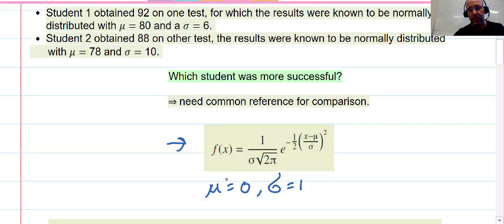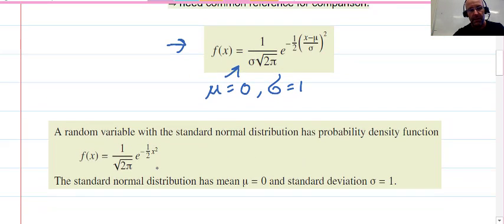Now if you sub those two values into this equation, it's pretty easy to see that we get this simpler equation here. Basically that is the standard normal distribution probability density function. That's the function that describes that.